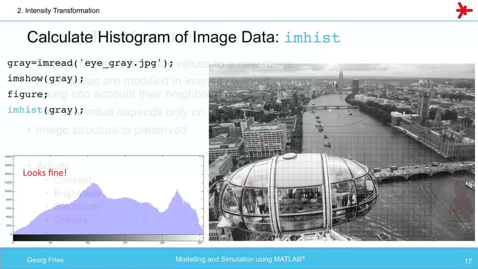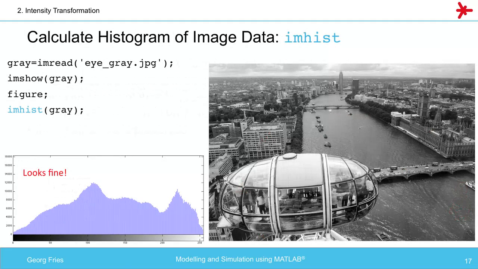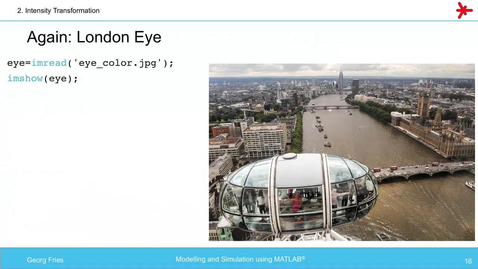The histogram is a great tool to evaluate and to judge the image quality. To illustrate the effects of intensity transformation, let's have a look at low contrast images with their corresponding histograms. Let's start again with the London Eye.